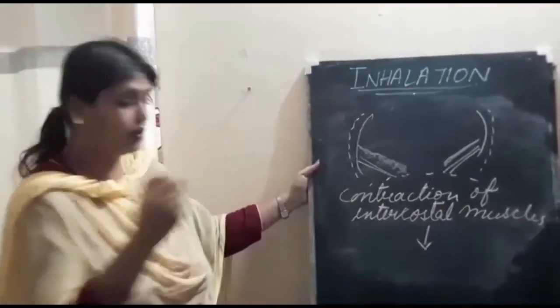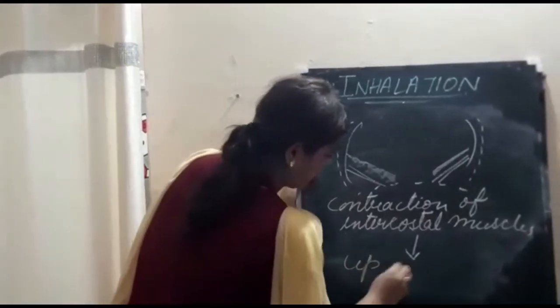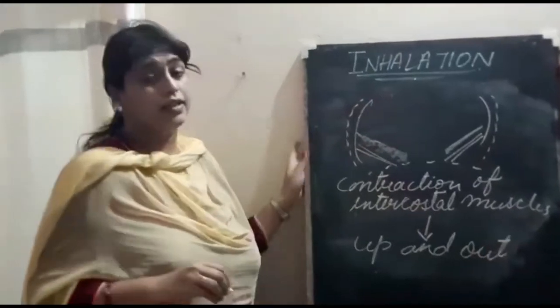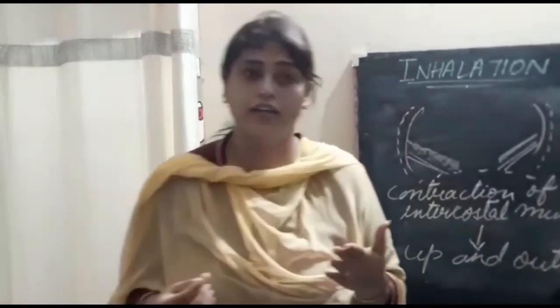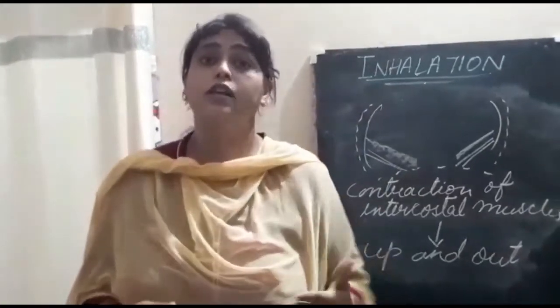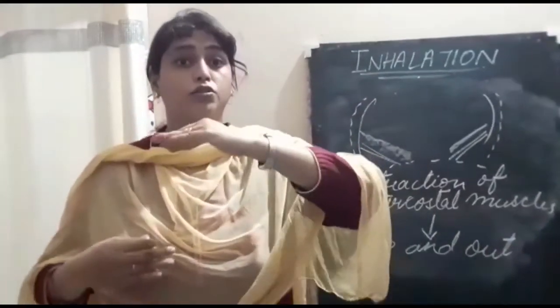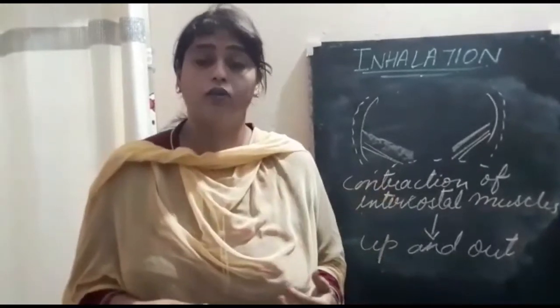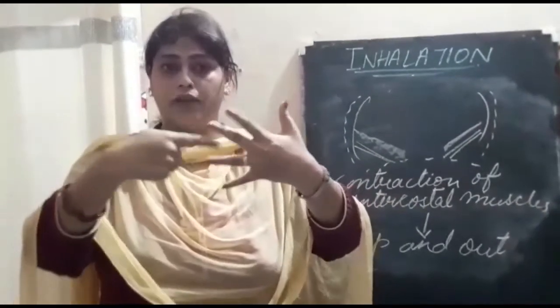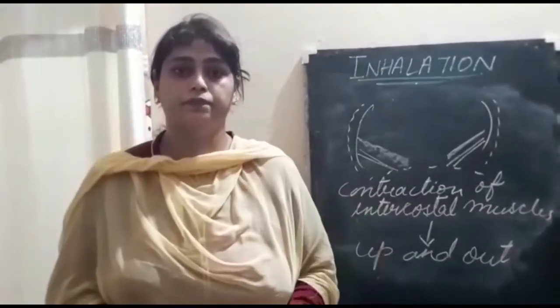The rib cage will move up and out. So these were the two processes of inhalation which we talked about. The first one was the diaphragm, which is a dome shape, and the second one was about intercostal muscles which are present in between the ribs.